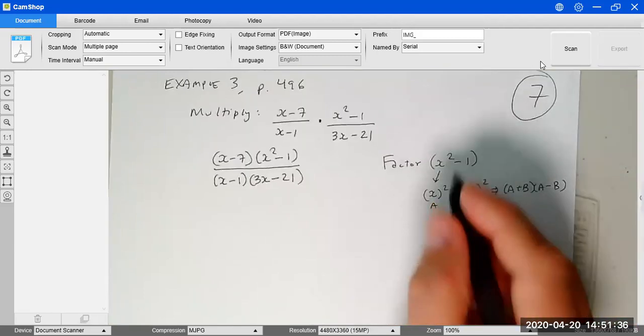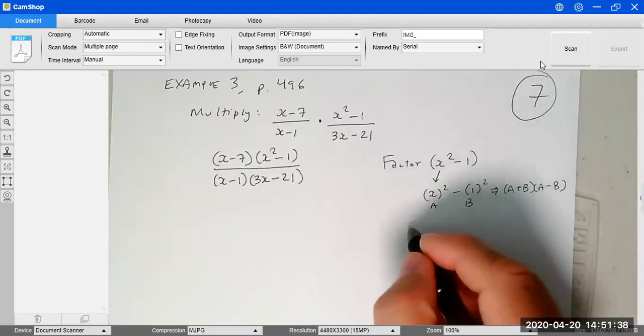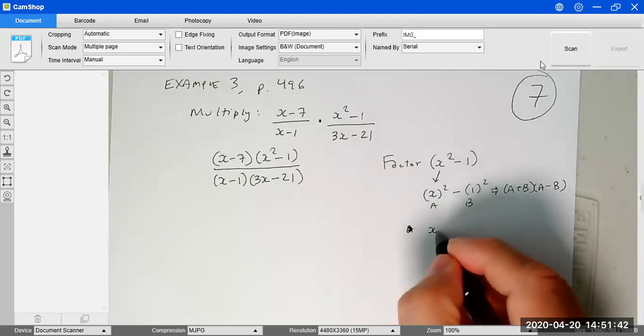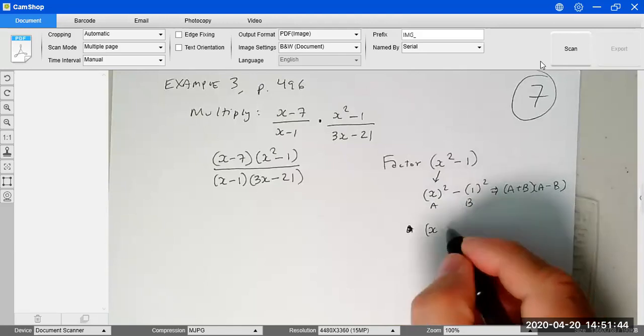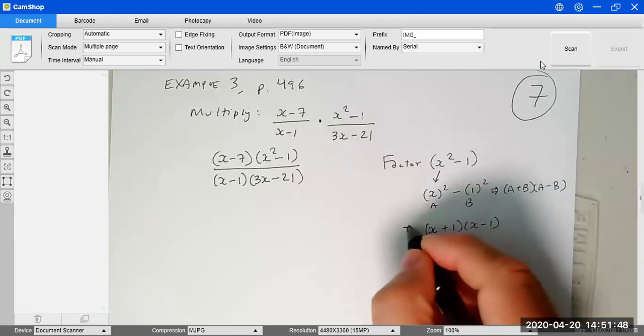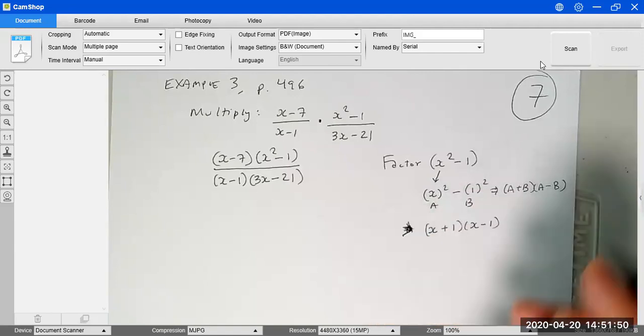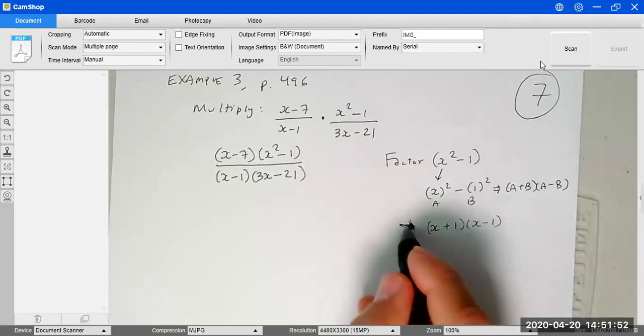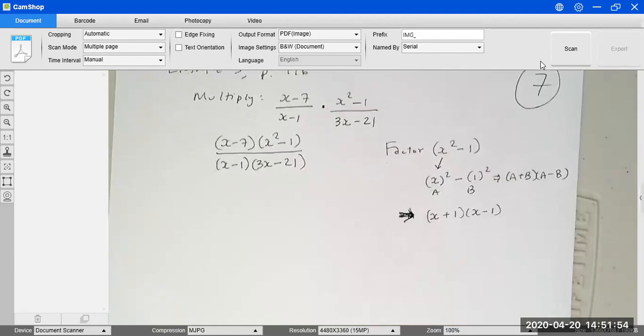So this expression is going to become x plus 1 that multiplies x minus 1. So that's the first factoring.